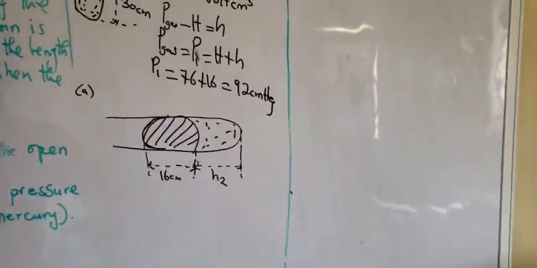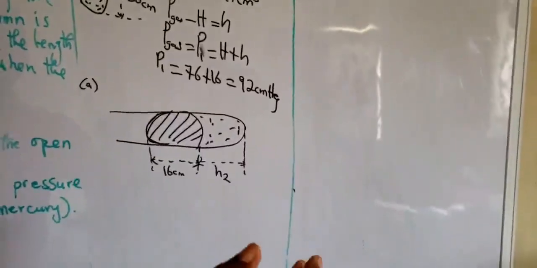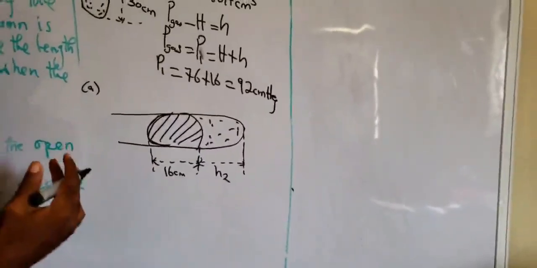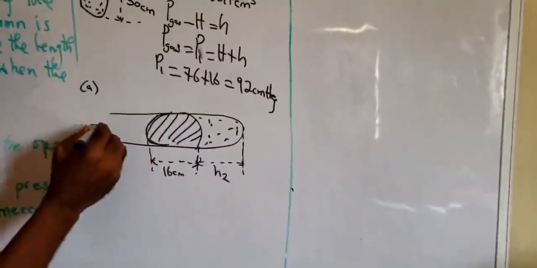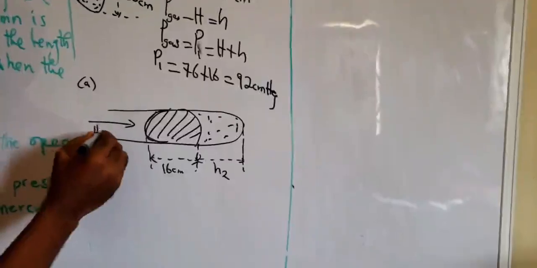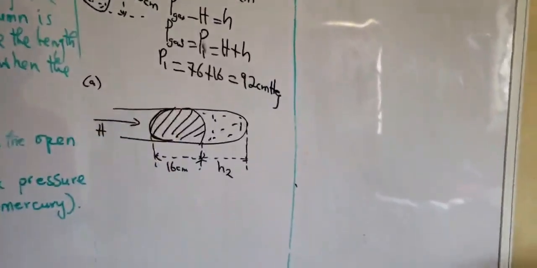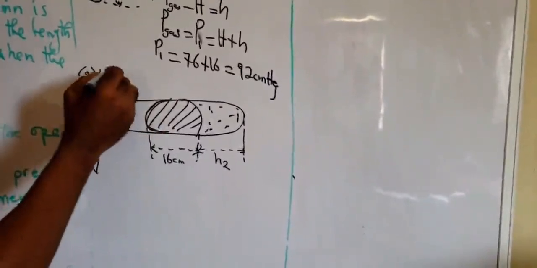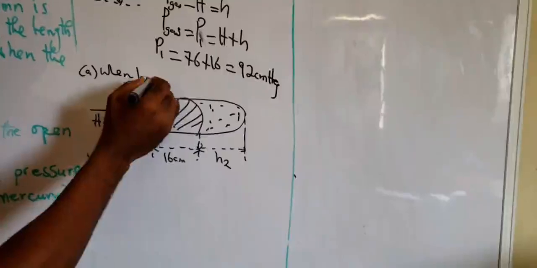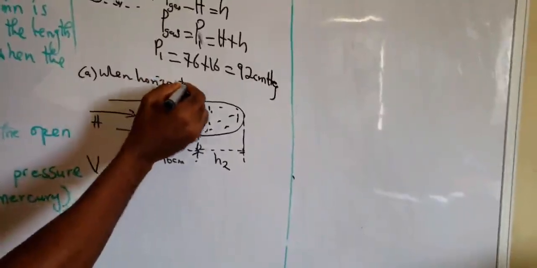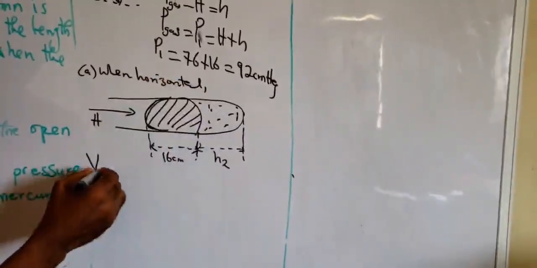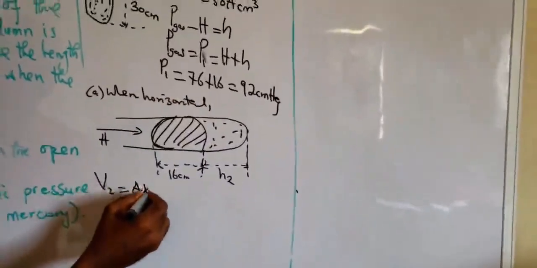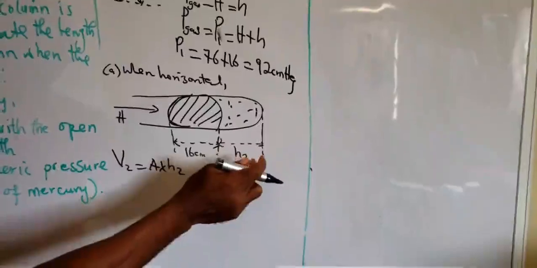Did they expand? Did it contract? So first of all, we need to know the total pressure involved and the volume. So the second volume, when it is horizontal, V2 is A times H2. That's the height we are looking for.